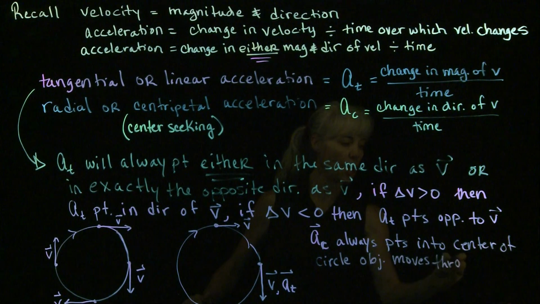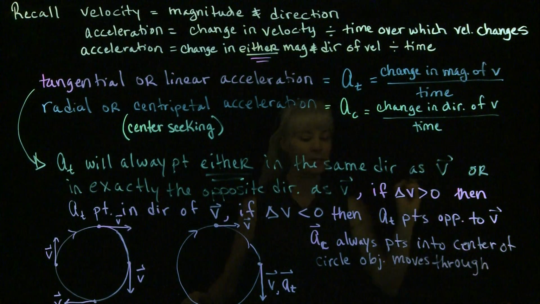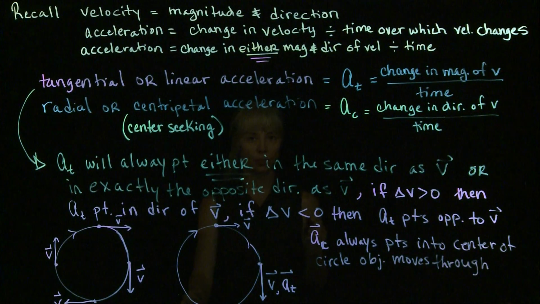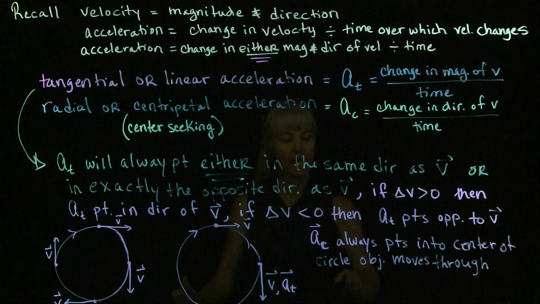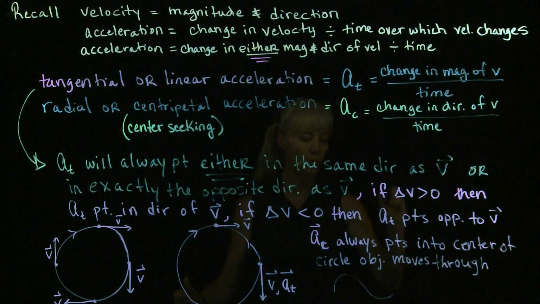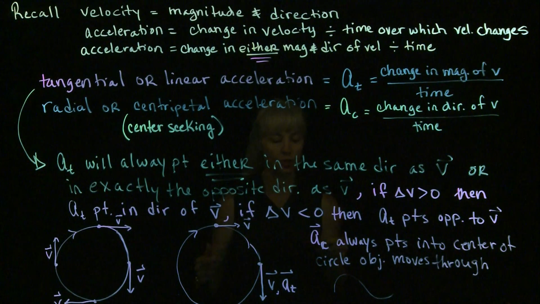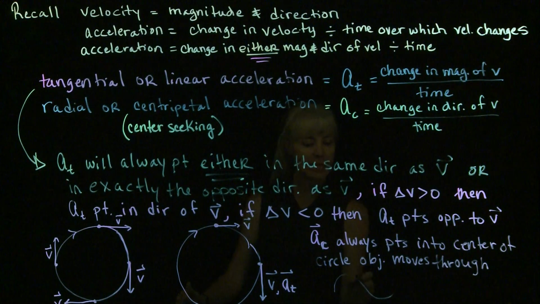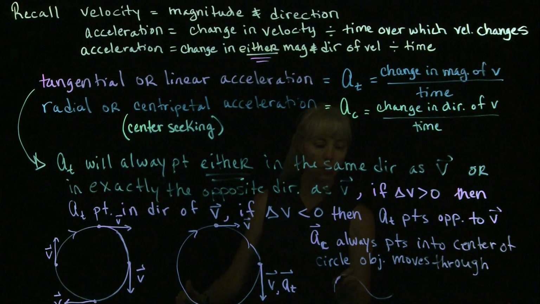And even if the object is not exhibiting exact circular motion, but is instead moving, let's say, through some kind of a path in which the direction is changing, then each and every point on this path as the object moves through will have an arc that belongs to some circle with a radius r.